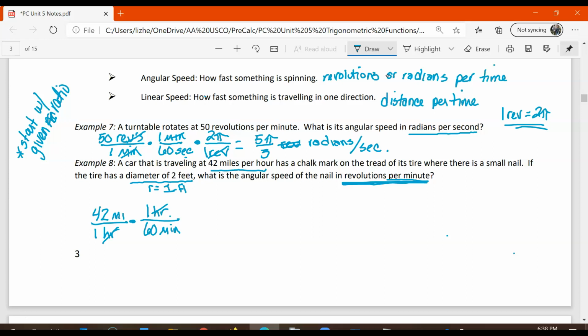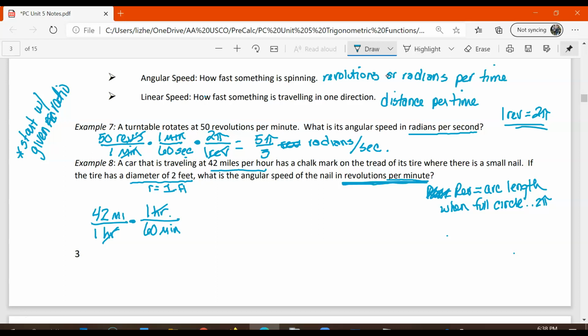Now, off to the side here, let's talk about this. A revolution is the arc length when you go a full circle. A full circle is 2 pi, right? If I've gone a full circle, I've gone 1 revolution. What's the arc length of that?